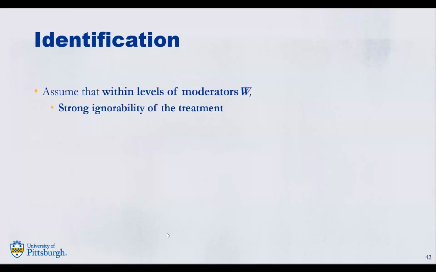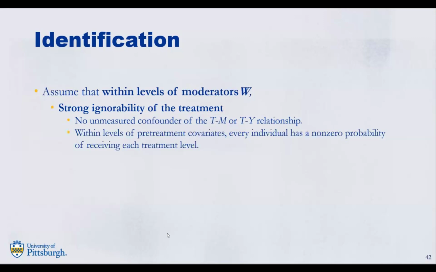We extend the assumption by further conditioning on the moderators. We assume that within levels of the moderators, strong ignorability of the treatment holds. In other words, there's no unmeasured confounding of the treatment mediator or treatment outcome relationship. Within levels of pre-treatment covariates, every individual has a non-zero probability of receiving each treatment level.